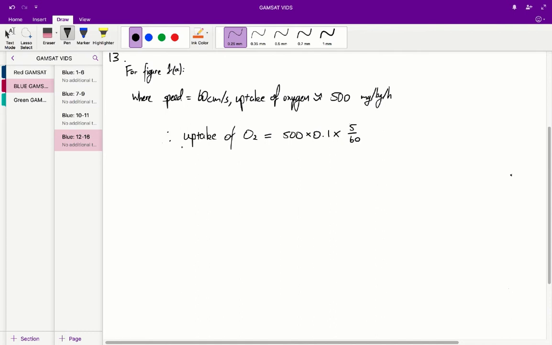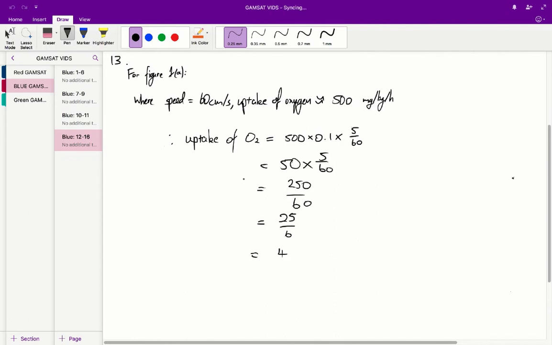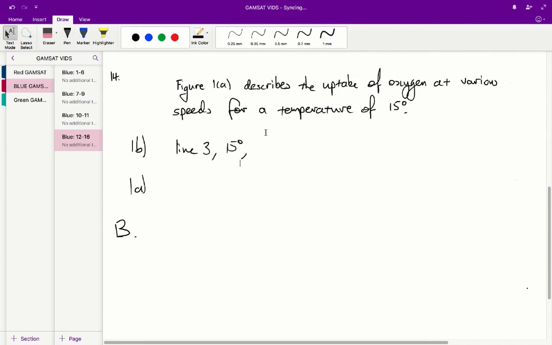So the uptake of oxygen will be 500 times the weight, which in this case is 100 grams or 0.1 kilograms, times the time, which in this case is 5 minutes or 5 on 60 hours. If you work that out quickly, you get 50 times 5 on 60, which is equal to 250 on 60, which is equal to 25 on 6, which is about equal to 4. So the correct answer for question 13 is B.